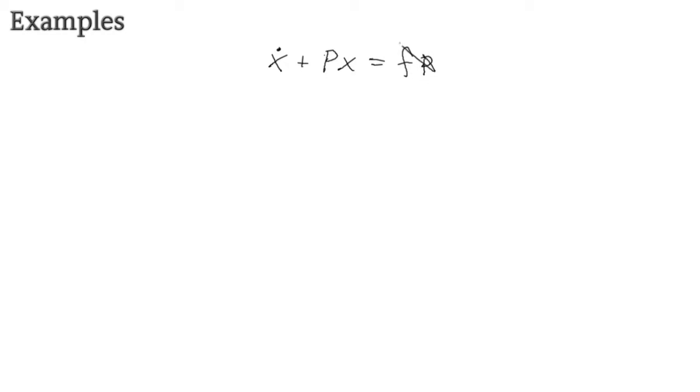Actually, this is a terrible idea to write. Let's see, why don't I use this instead? y dot plus a function of x of y equals a new function of x. So y dot plus f(x) y equals g(x).